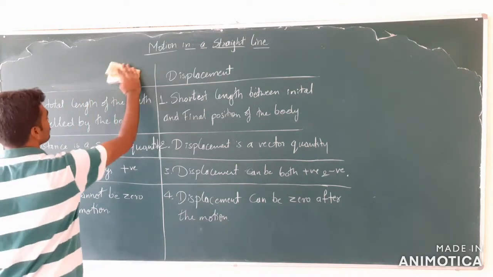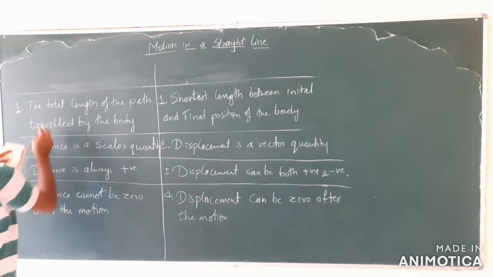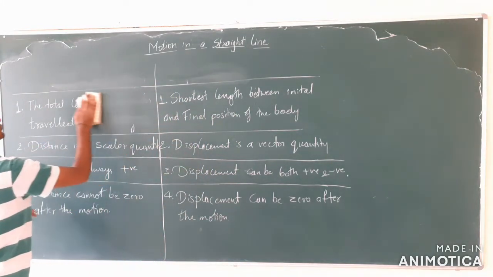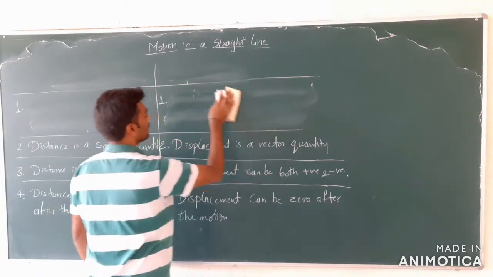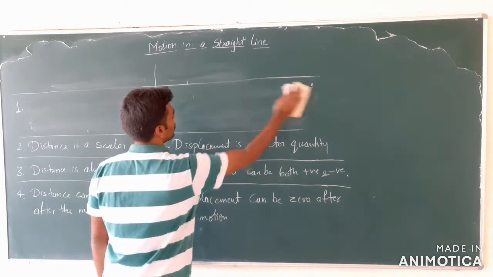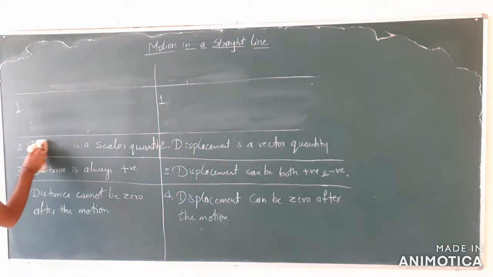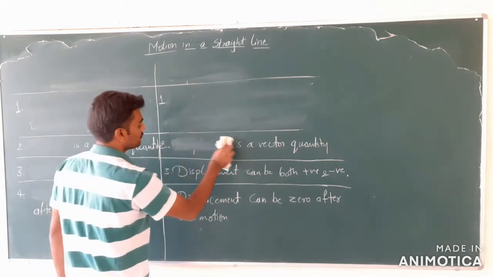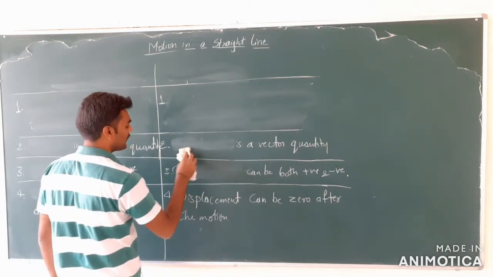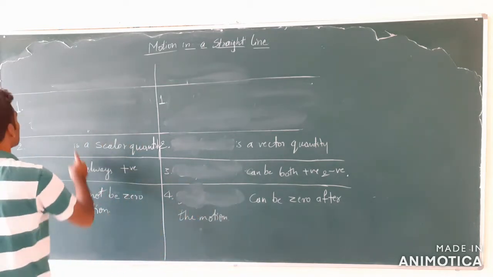So now, the differences that we are going to take are speed and velocity. Okay, this is another important question. What are the differences between speed and velocity? See, these three differences are the same, only the first difference changes.